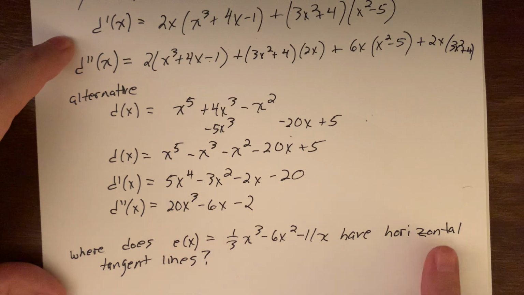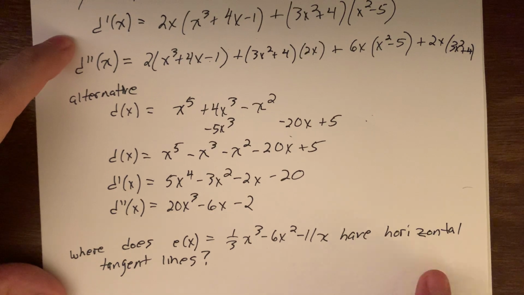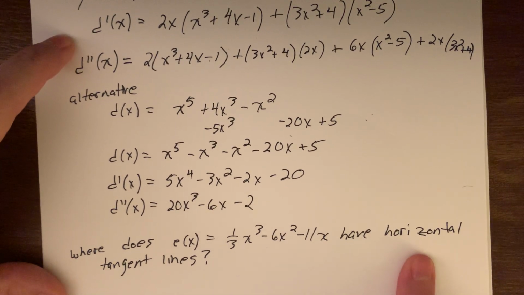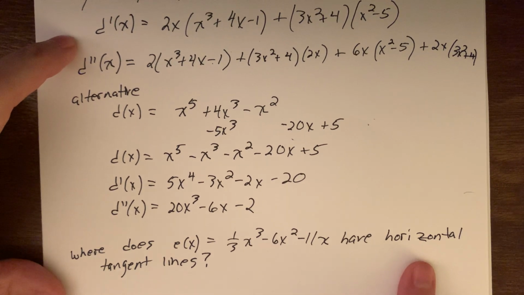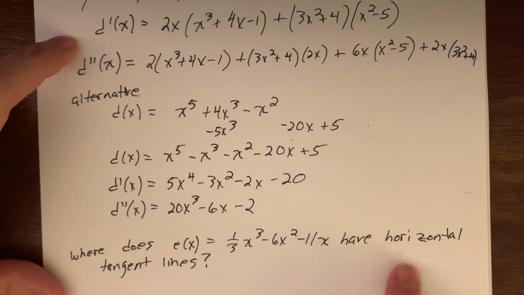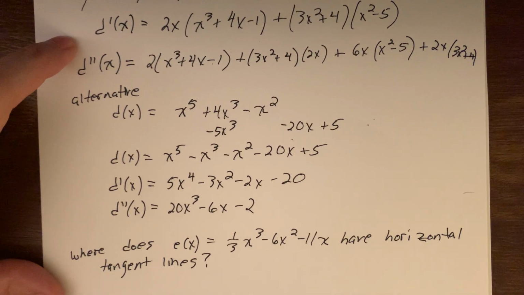Well, what's so special about horizontal lines? It doesn't matter where they occur. Any horizontal line has a slope of 0, right? And think about this. This is actually something when we were sketching the graphs, we were drawing those horizontal tangent lines to get the x-intercepts. That's a big reason why we care so much about this. These ideas kind of link together.